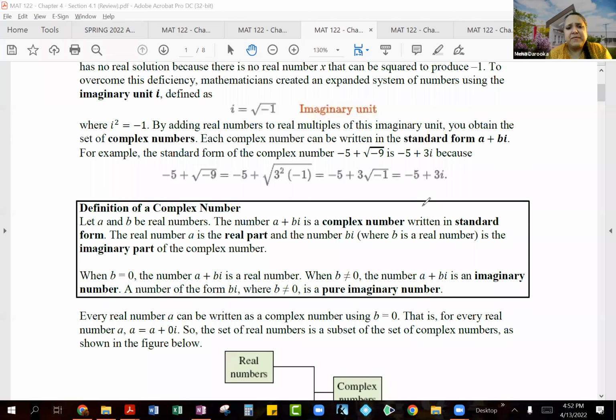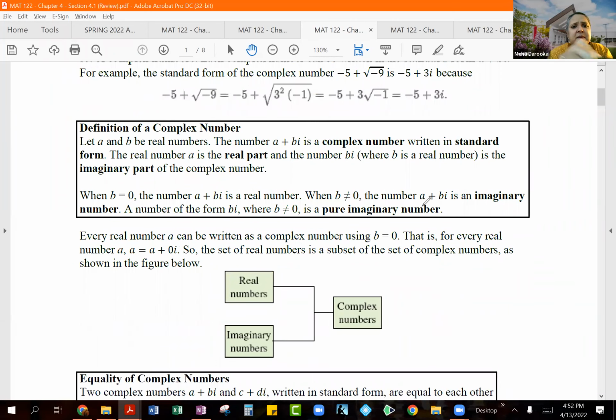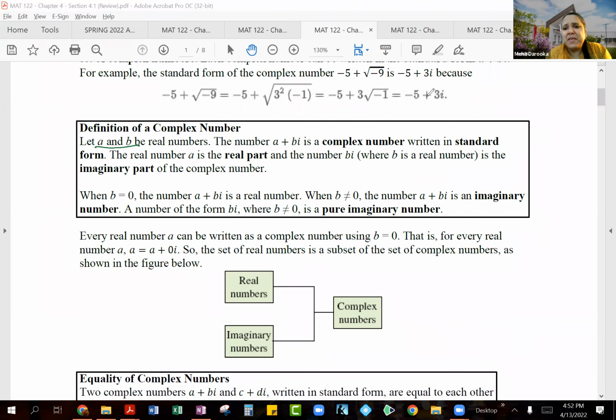So just your formal definition for the complex number. Technically A and B both are going to be real numbers. It's that addition of the I that will convert that second part into the imaginary part. So they're saying, again, the real number A is your real part, the number BI, where B will be a real number, becomes your imaginary part.